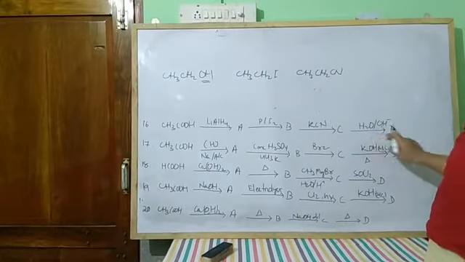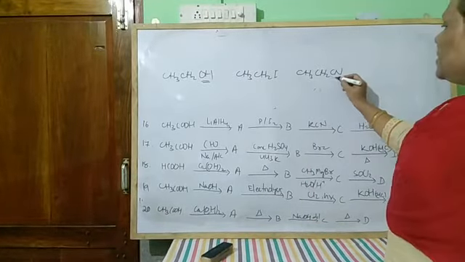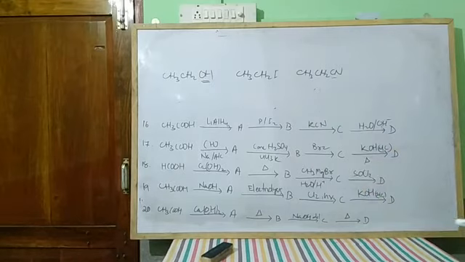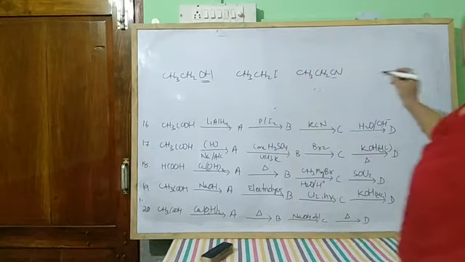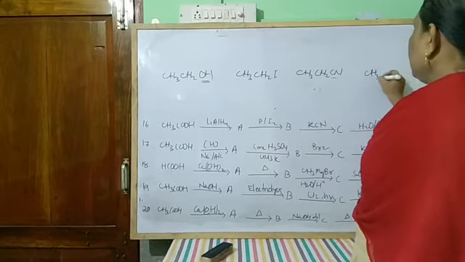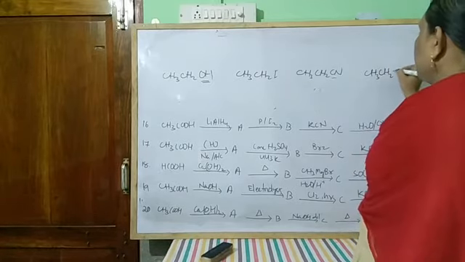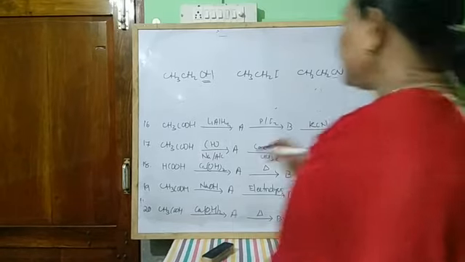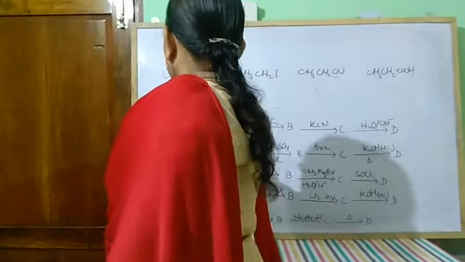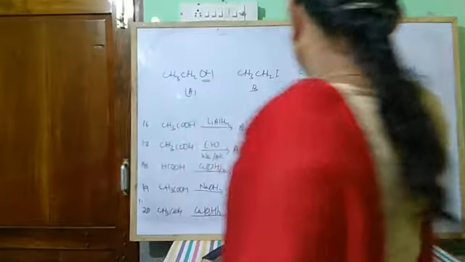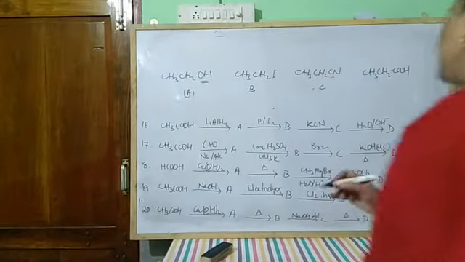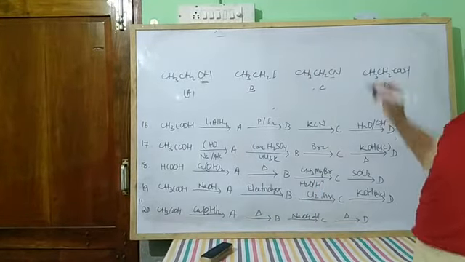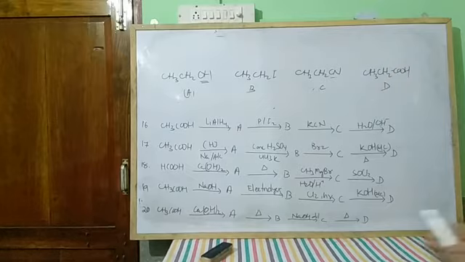And this when treated with H2O and OH minus, it undergoes hydrolysis. Cyanide when undergoing hydrolysis in acid medium as well as in alkali medium forms carboxylic acid. So again it gives you acid. So A is ethanol, B is ethyl iodide, C is ethyl cyanide, and D is propanoic acid.